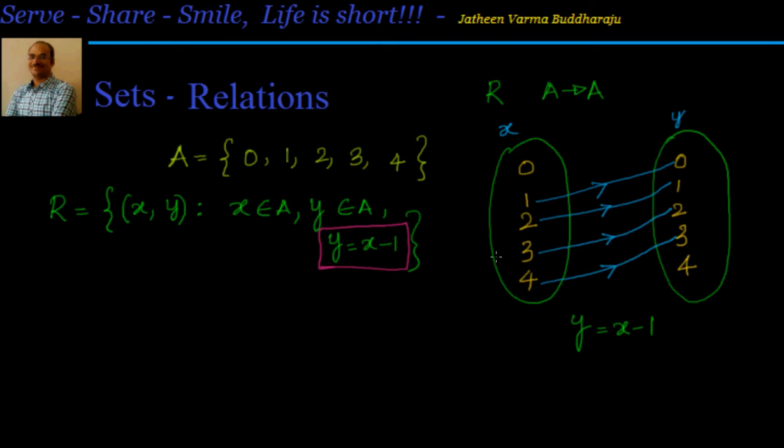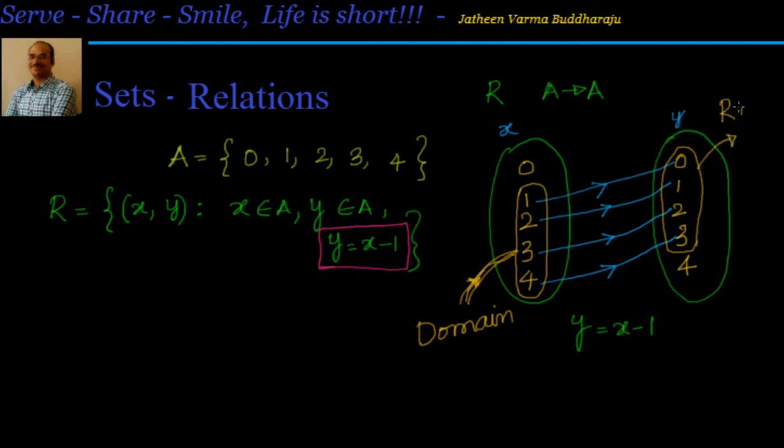Now, it is very interesting to understand that the set of all the elements from the first set which are part of the relation is called the domain, and the set of all the elements from the second set which are part of the relation is called the range.